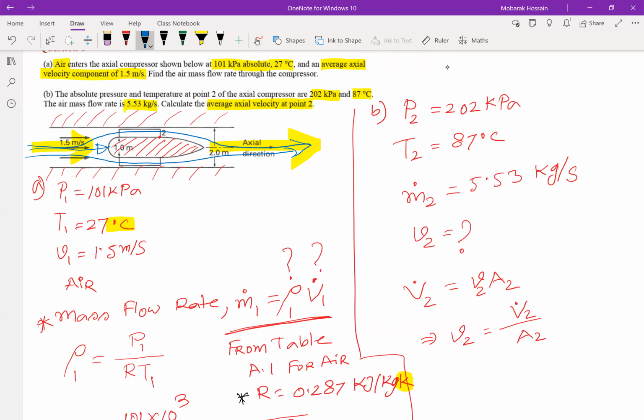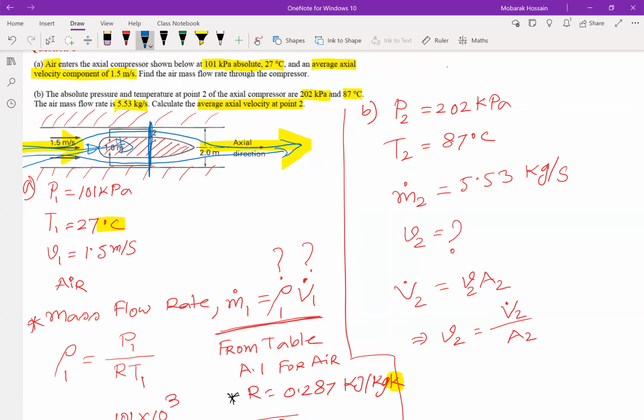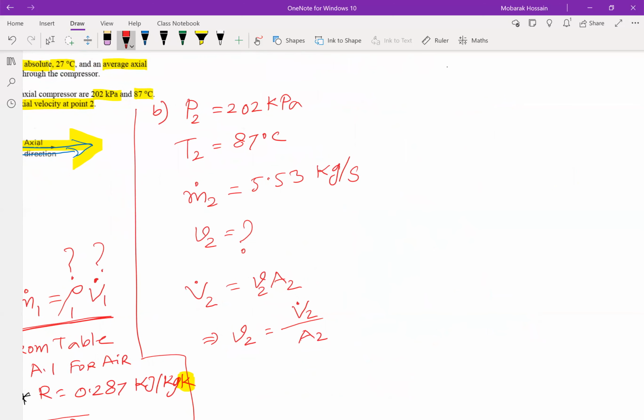Now in the formula, the required area is where air will pass through the compressor. If I draw the cross section view, looking from this side at this angle, your cross section view will look like this.